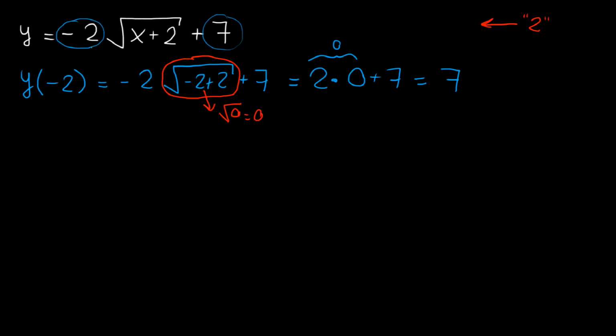This time I'll only include one more point that is a little bit more distant. Let's add a point that is further away and that we have a nice square root, so I will plug in the number 7, because 7 plus 2 is 9. So why did I choose 7?